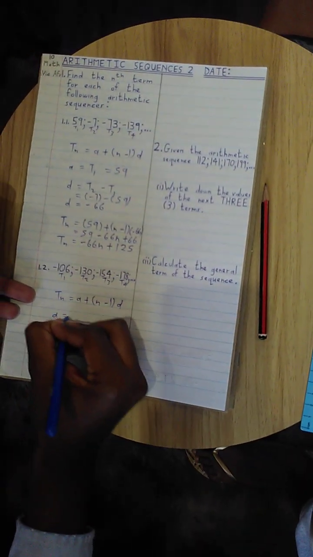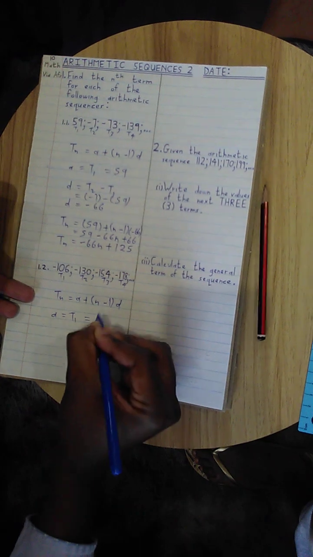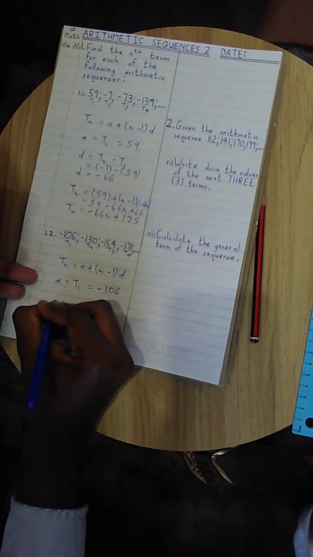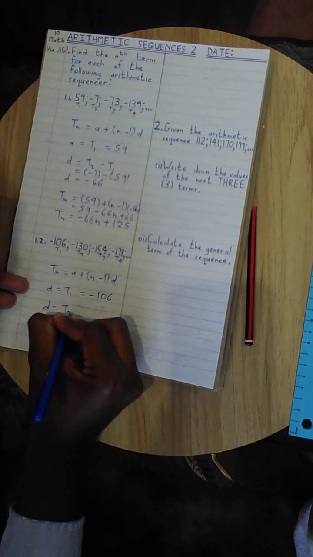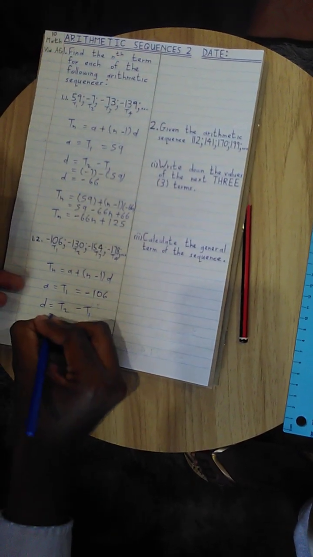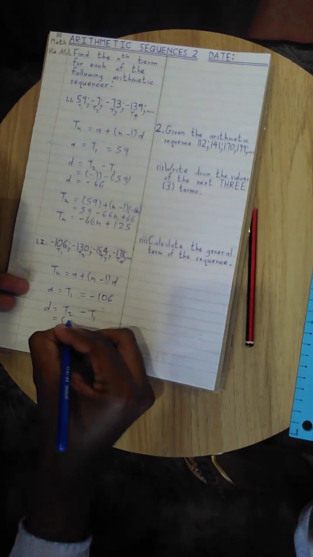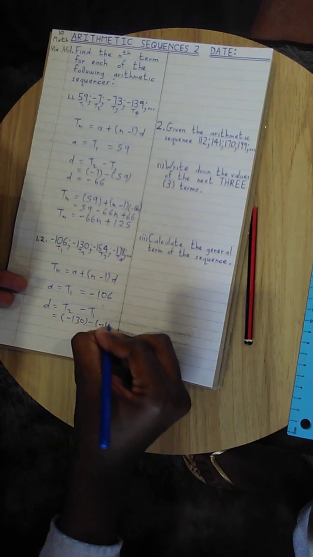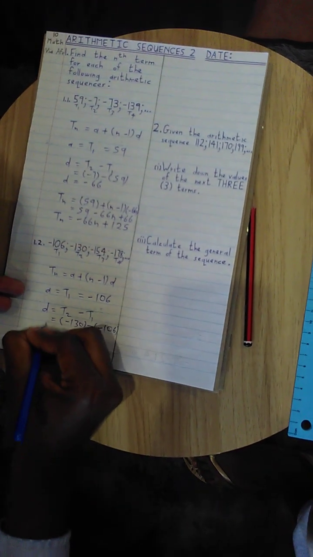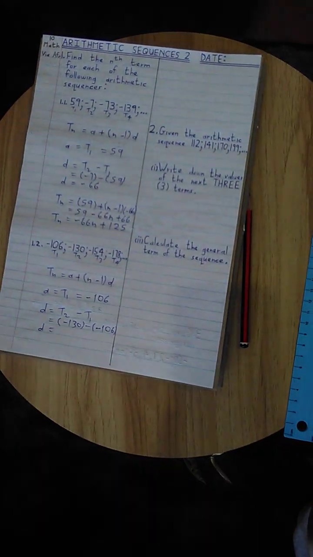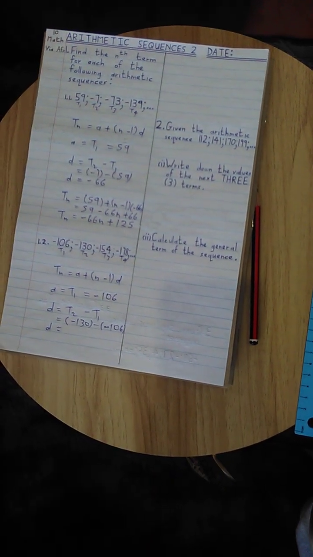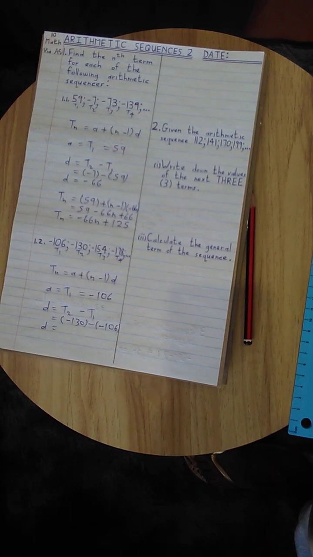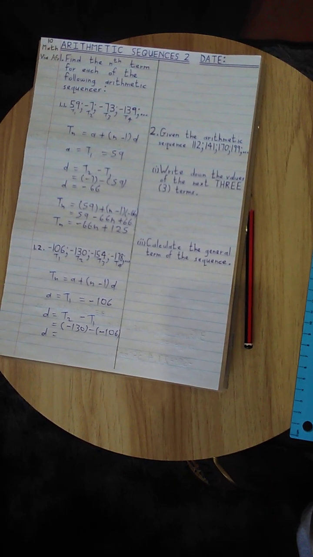So a is T1, which is -106. d is T2 minus T1, which is -130 minus -106. So we get d is negative 24.